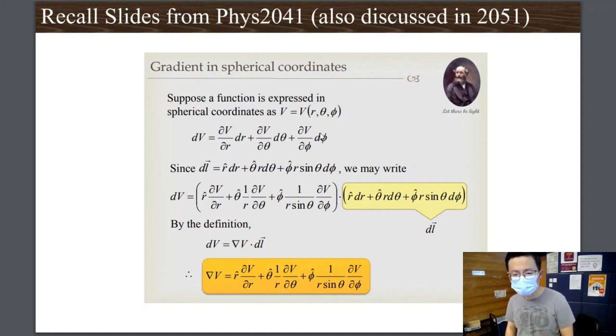So in the Cartesian coordinate, we write down the dV first, and then identify what should be the line element, and from this line element, we can deduce what should be this gradient operator. So this gradient operator is a gradient in the spherical coordinate, and in order for the third term to have the partial phi, we need to cancel out this r sine theta, right? So we need to multiply here by an additional 1 over r sine theta.